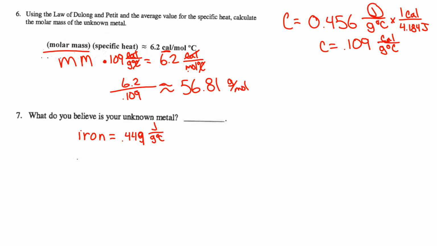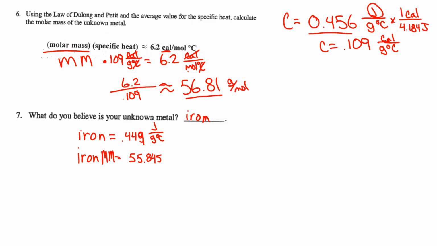I also found out that iron's molar mass is equal to 55.845. Now, these numbers are not exactly what I have, but they're relatively close, and when I compare anything else to it, nothing else really fits. All right, so I can say with reasonable doubt that I believe that this was iron that I measured.